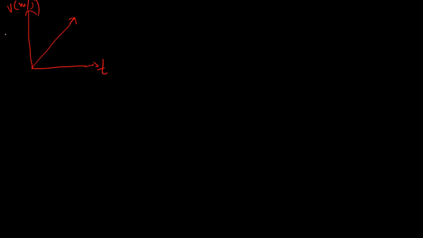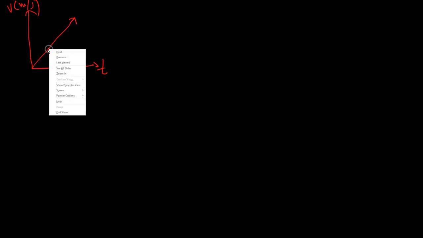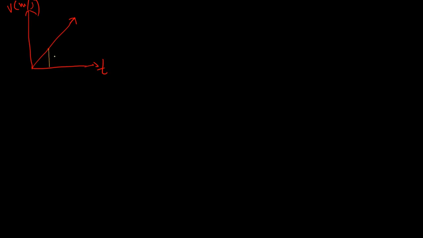Now if we have this velocity time graph, and for example we have a line here, shall we use white one, under this graph, and we're going to have the slope.